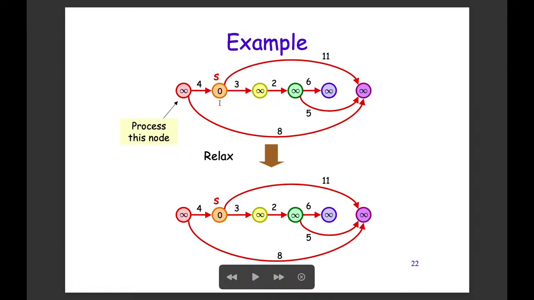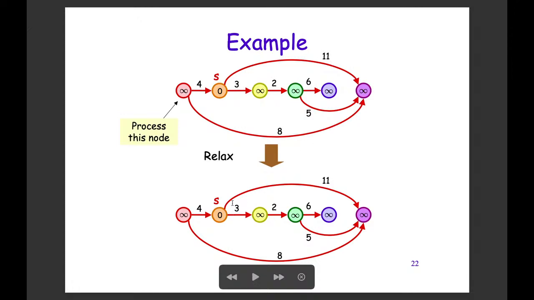So we can see whether we want to update the value here and the value here. But because it is infinity and it is already 0, there is no need to update the vertex here. So it remains 0, and it is infinity plus 8 versus infinity, so we just keep infinity.